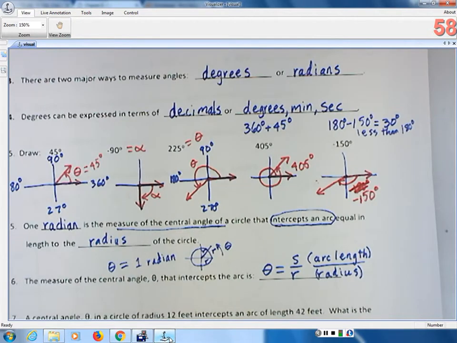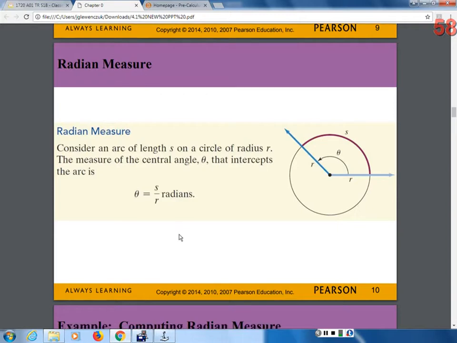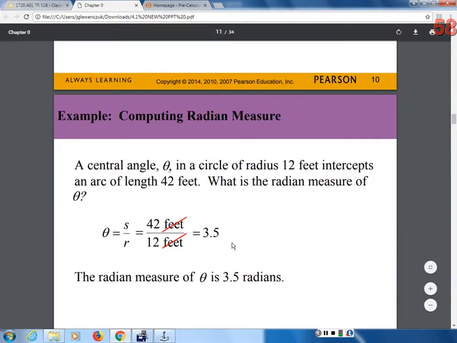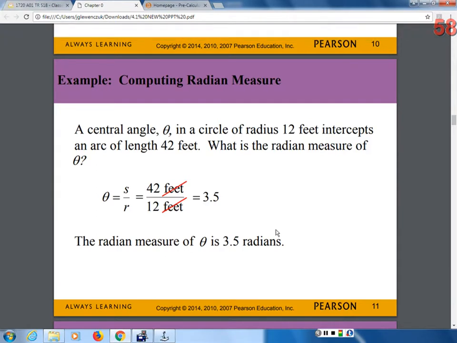All right. So practice drawing some angles. Let's see. Back to our slideshow. So here's the next example. Number 7, a central angle theta in a circle of radius 12 feet intercepts an arc length of 42 feet. What's the radian measure of theta?